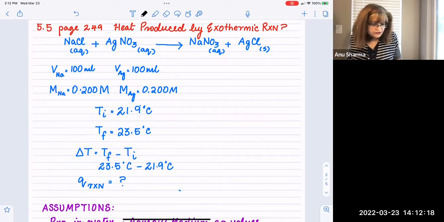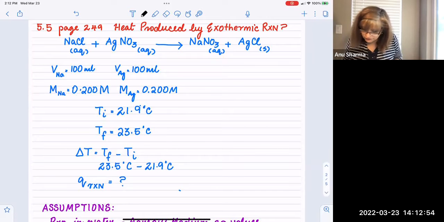When 100 milliliters of 0.200 molar sodium chloride aqueous solution and 100 milliliters of 0.200 molar silver nitrate aqueous solution, both at 21.9 degrees Celsius, are mixed in a coffee cup calorimeter, the temperature increases to 23.5 degrees Celsius as solid silver chloride forms. How much heat is produced by this precipitation reaction? What assumptions do you make to determine your value?